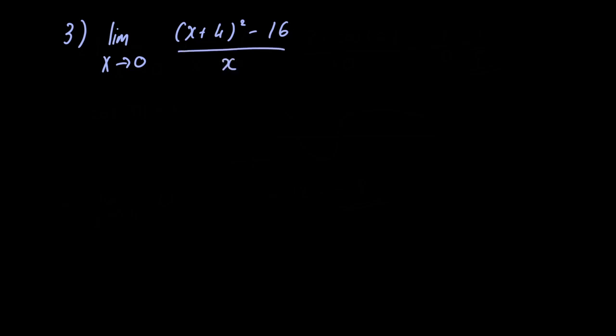So we have the limit as x approaches 0 of (x plus 4) squared minus 16 divided by x. So again, we just can't let x equal 0 because then we would be dividing by 0. So let's go ahead and try to multiply out the numerator to see if we can simplify this expression.